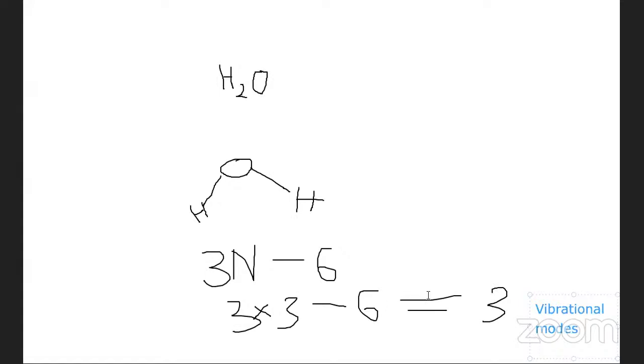Always you will have 3 translational modes. In that case, we have for water 3 translational modes of motion, 3 rotational modes of motion, and 3 vibrational modes of motion.